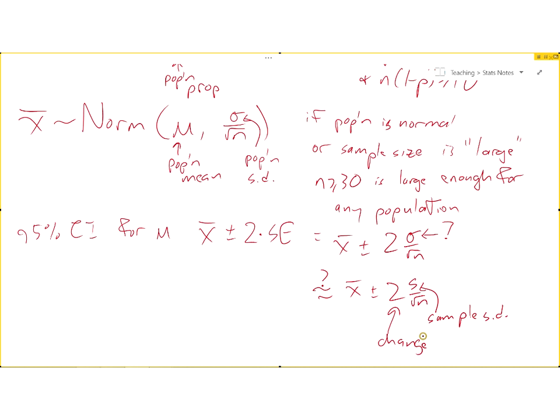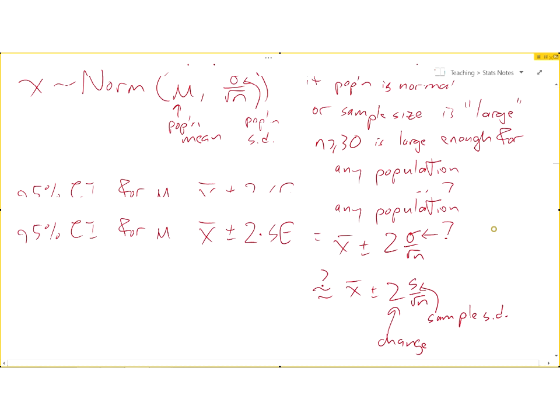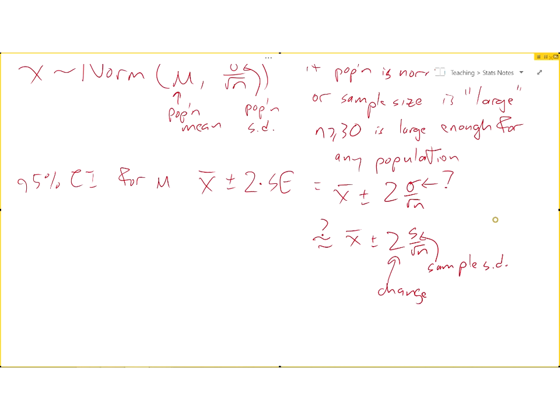Of course, you didn't have to use those because the calculator did it, but it's still something to keep in the back of your mind in terms of how far out I need to go to get 90% of the data, or 95% or 99%. If I substitute sigma with S, then I have to go out further. How much further depends on the sample size. The bigger the sample size, the more accurate estimate I get, so I don't have to go out quite as much further.